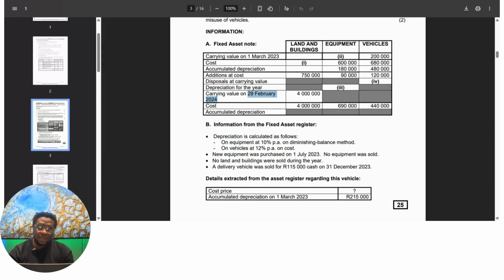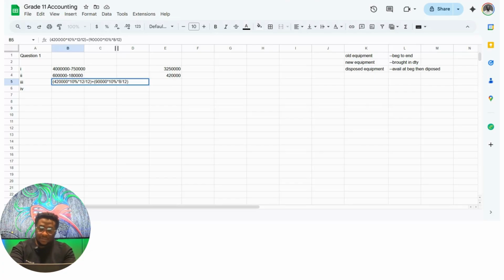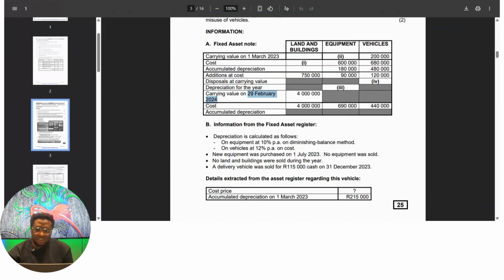So we say 90,000 times 10%, depreciated for 8 of 12 months. And the answer is 48,000, and that represents our depreciation for the year as it relates to equipment. All right, cool.